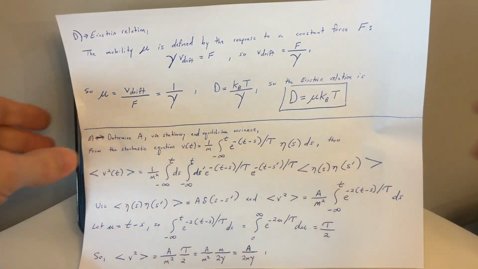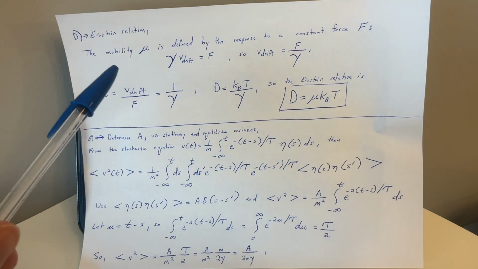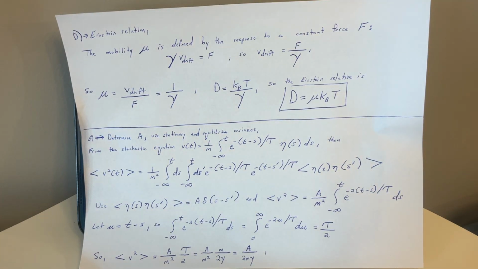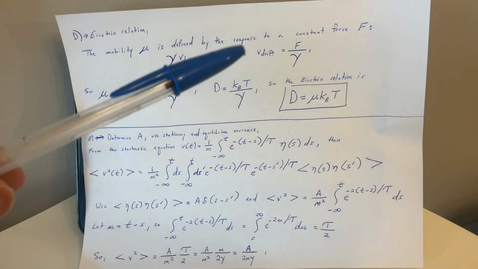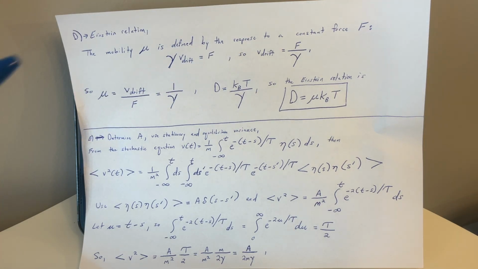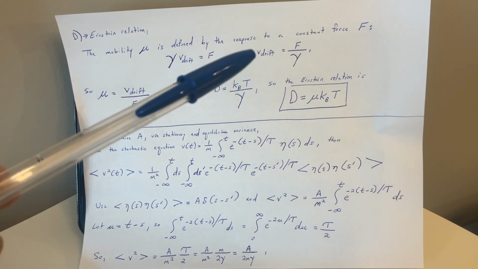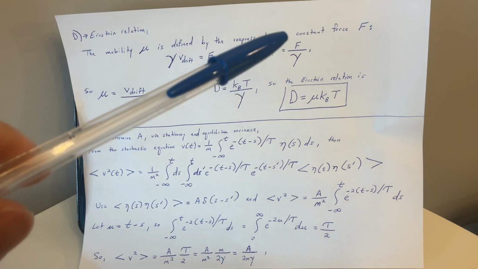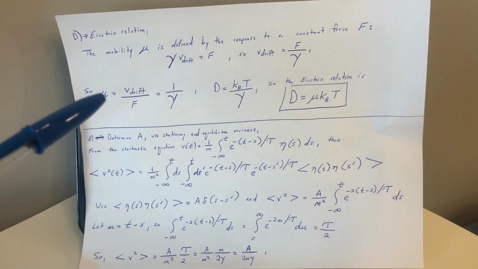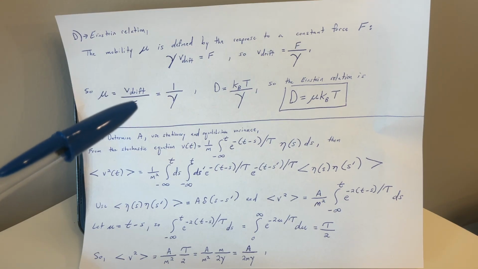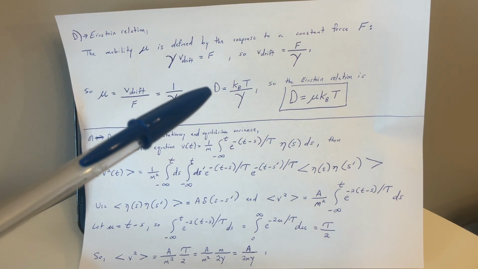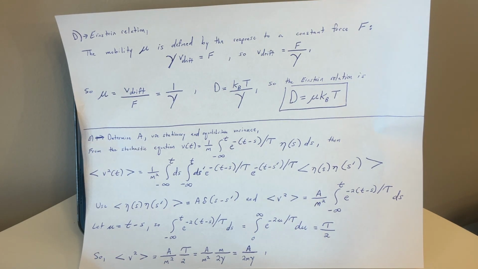The mobility mu is defined by the response to a constant force F. So gamma V drift equals F, that is V sub drift equals F over gamma. So mu equals V sub drift over F equals 1 over gamma, and D equals k sub B T over gamma. So the Einstein relation is D equals mu k sub B T.